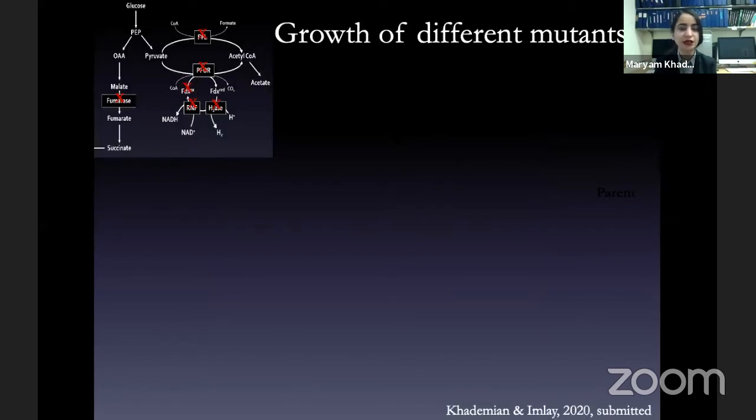To test that, I made mutants. These are different from the other mutants that I made. They're in a different background, so all over again, I deleted these genes one by one, and in some cases I made double mutants, and I measured the growth of these mutants.